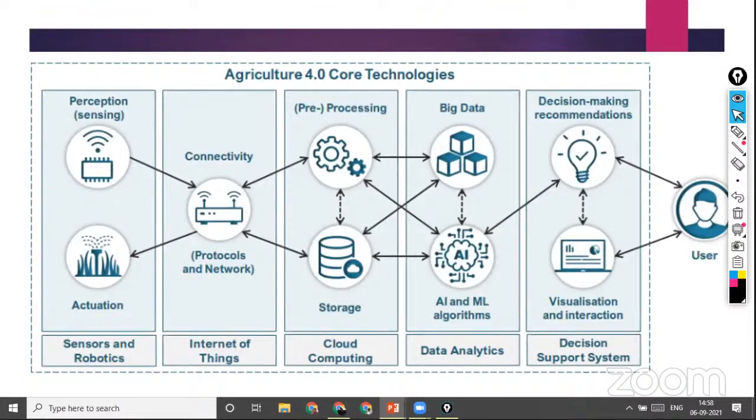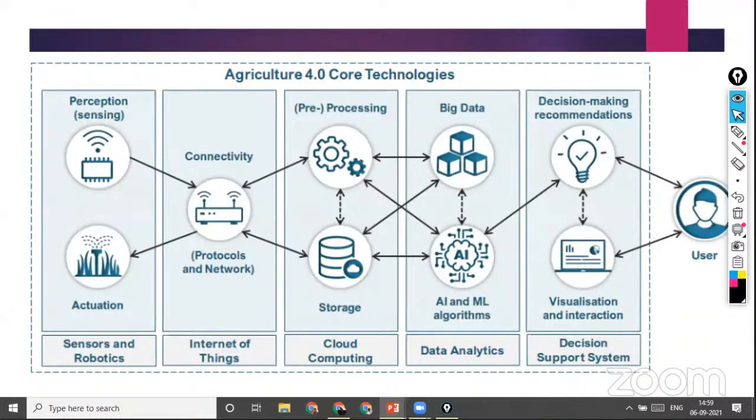So as a summary, we as users are getting all the insights. We start from the sensing part. You have the connectivity part, and you can categorize it under IoT. Then cloud computing will do all the storage. You have to do some pre-processing, like if the data is not readily processable. We'll discuss that. And in the data analytics part, we have big data. Usually, a lot of data is now getting generated with all these billions of IoT devices, so we generally call it big data.